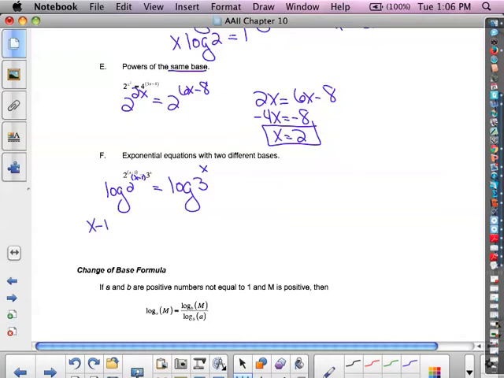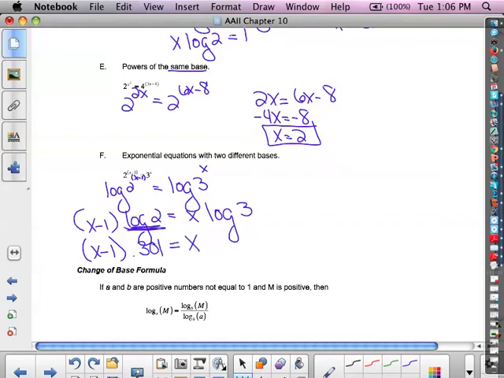So I have x minus 1 times log base 10 of 2 is equal to x times log base 10 of 3. Now in your calculator, you can find log base 10 of 2, which we already found not too long ago, x minus 1 times 0.301. Remember, you're getting this value in your calculator. And then log of 3 is going to be 0.477.